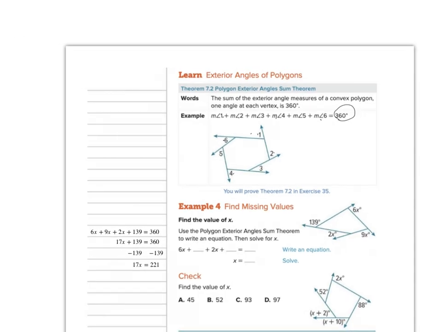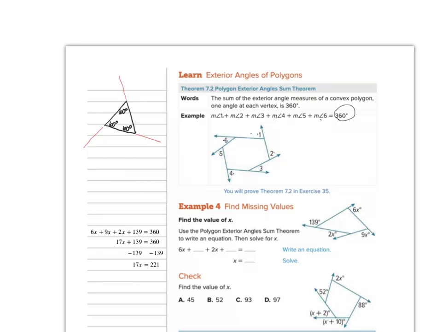If I wanted to prove that, I could say that I have a triangle. If I have an equilateral triangle, with equal angles, this is 60 degrees, this is 60 degrees. Now what they're talking about is my exterior angles would extend out. Remember what exterior angles are, right?